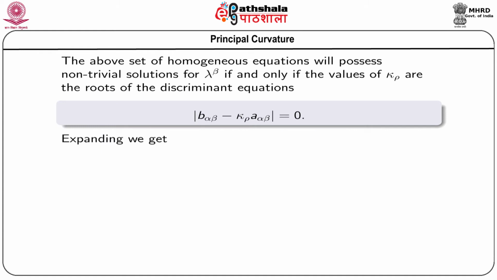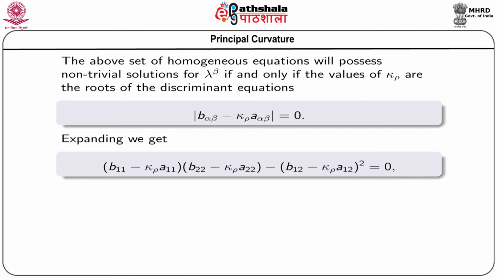Now, if we expand this equation, because alpha beta is running from 1 and 2, we know that one. So, expanding we get b11 minus kappa rho a11, b22 minus kappa rho a22, minus b12 minus kappa rho a12 whole square equals 0.